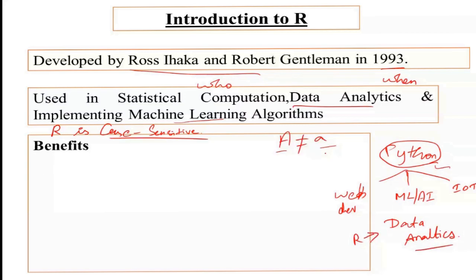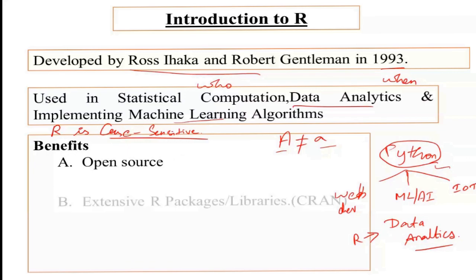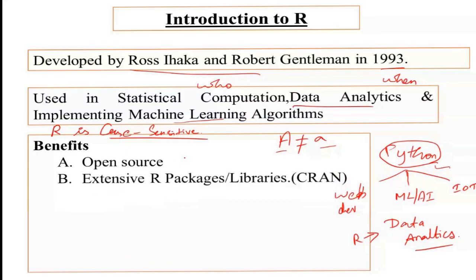So, what are the benefits of the R programming language? First of all, it is open source, similar to Python. Since it is open source, it also has a lot of packages, or we can call them libraries. Here CRAN means, I will write down the full form: Comprehensive R Archive Network.